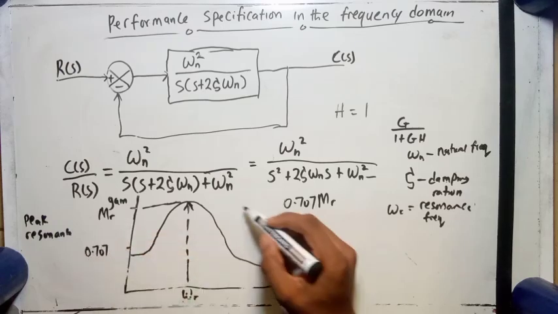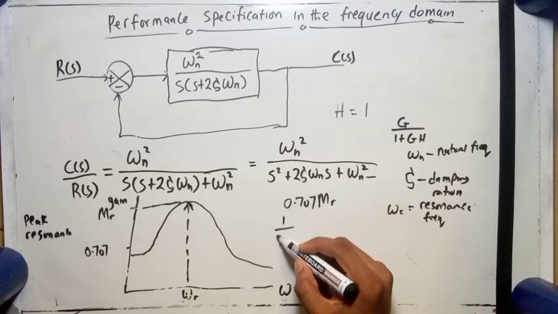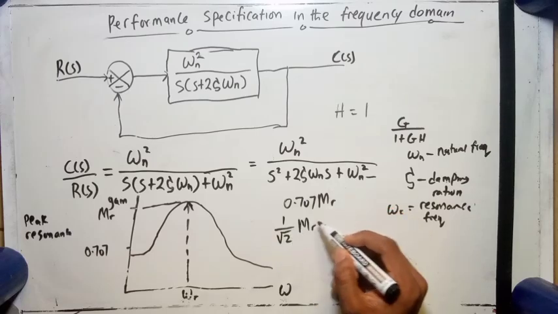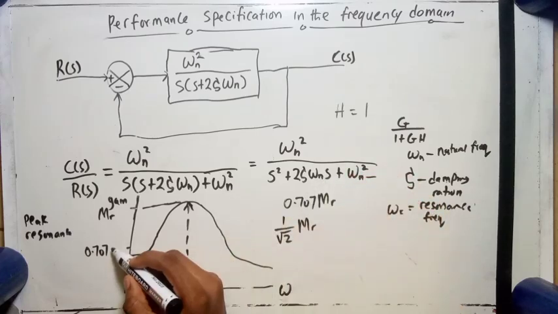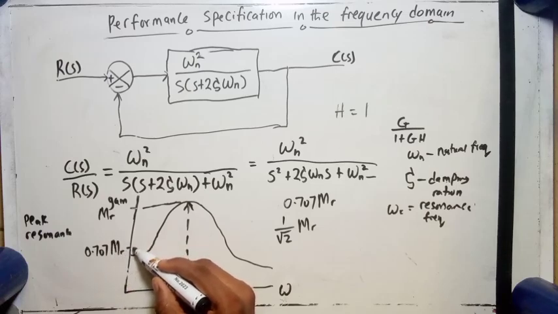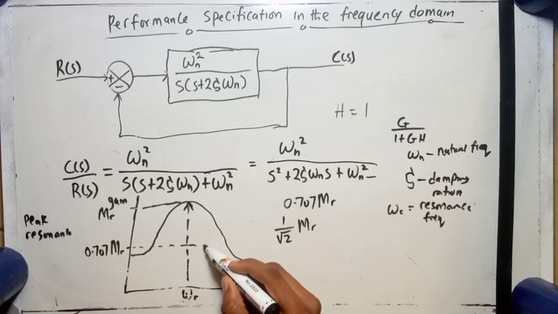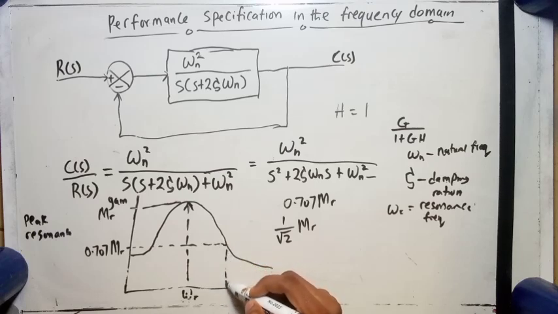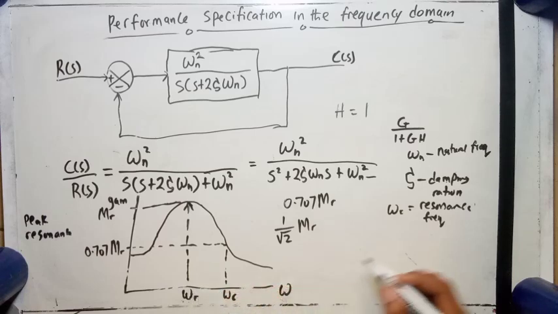This 0.707 is actually also 1 over the root of 2, times Mr. Now this value's corresponding frequency, we call the cutoff frequency, denoted as Wc.